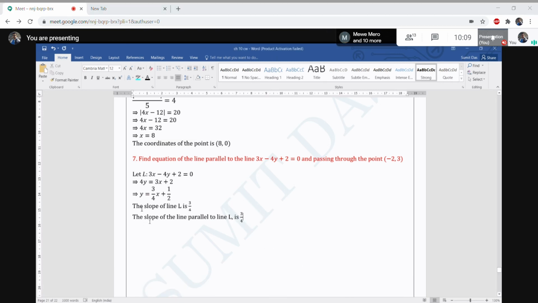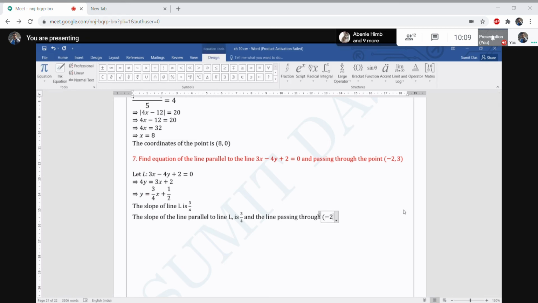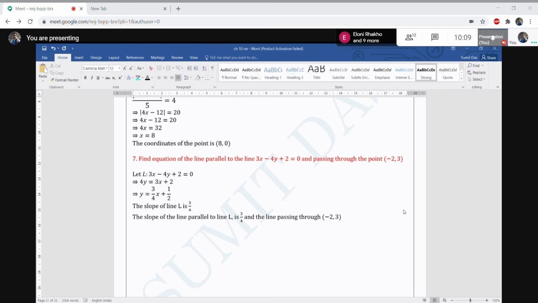The slope of line L is 3 by 4, right? The slope of the new line, the line which is parallel to this line, is 3 by 4, and it passes through the point minus 2 comma 3.